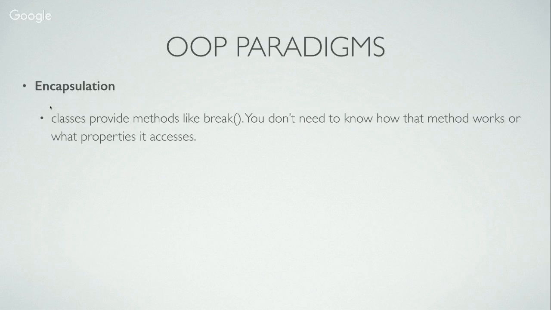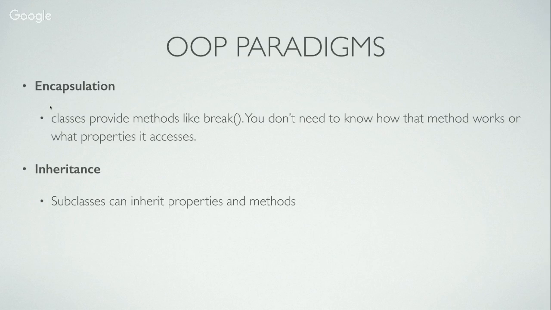Sorry about that. So sometimes we want to make methods publicly available to us as developers or other developers in our team. And sometimes we want to keep it private in our class and only use it within that specific class. And that's called encapsulation. Another paradigm is inheritance, which means that we can create subclasses which inherit properties and methods of a superclass.